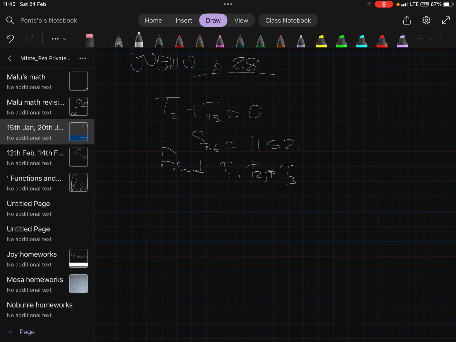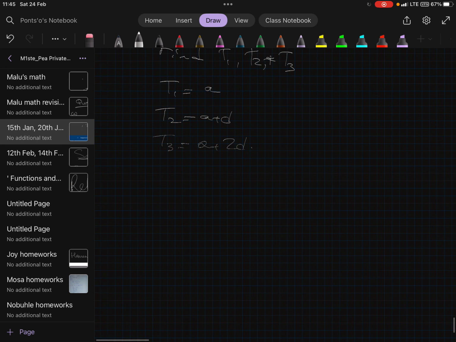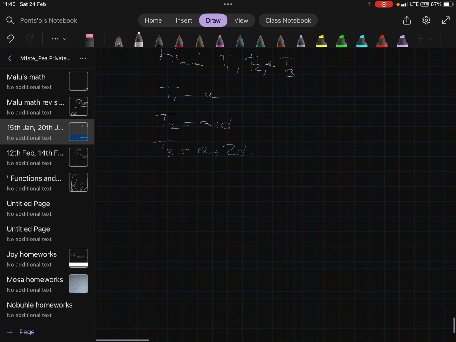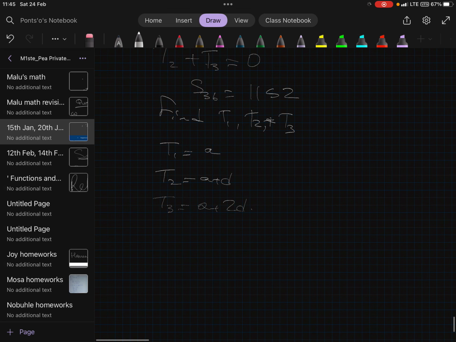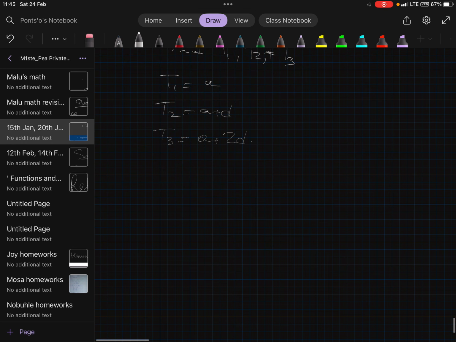The way in which we prove the formulae is what we're going to use. We know that T1 is A, T2 is A plus the common difference, and T3 is A plus twice the common difference. That's from our proof when deriving the formula to sum a finite arithmetic series. If we add T2 and T3 together, we get 0.